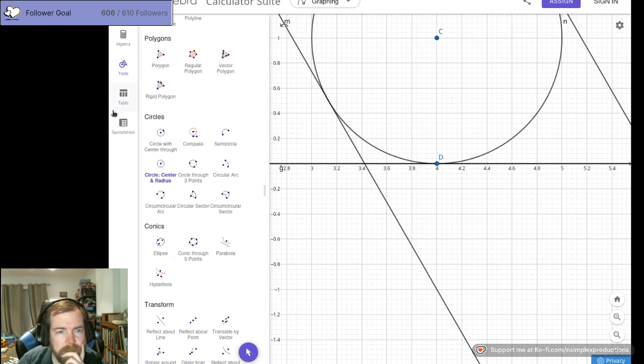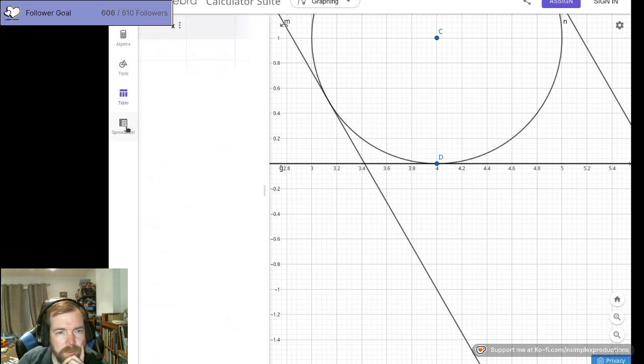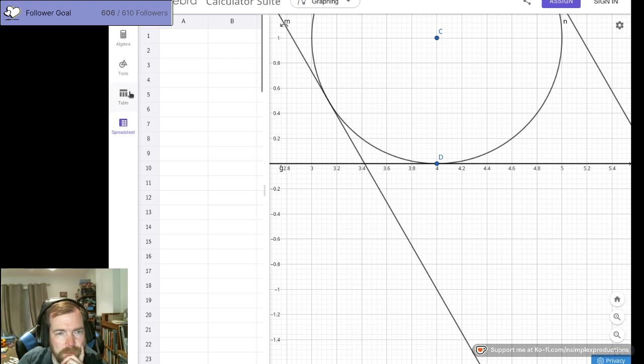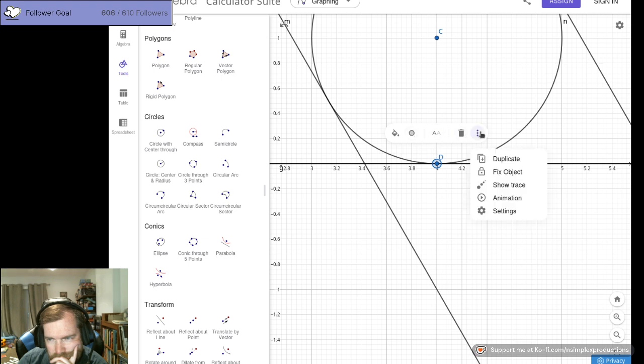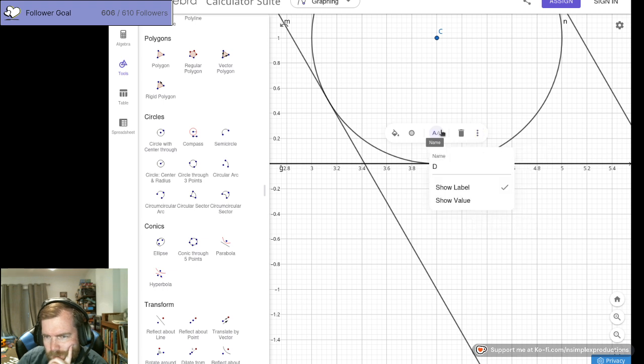Where are my things? Table? Nope. Spreadsheet? Nope. So color, name, value.